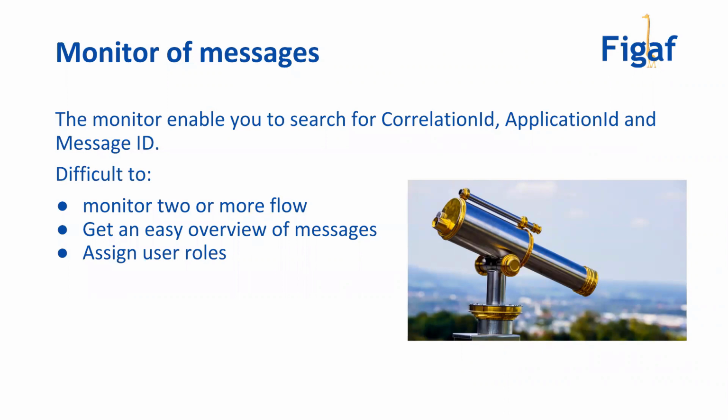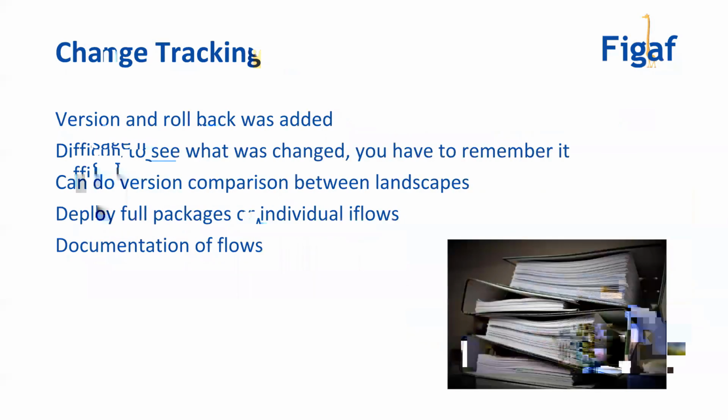You can add multiple flows in the standard monitor, but it's also challenging to add more user roles, to give other users access to actually see what is going on. I'll show you later how this can be done with our tool that makes this monitoring a lot easier.